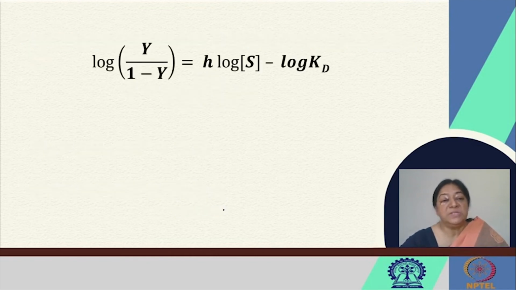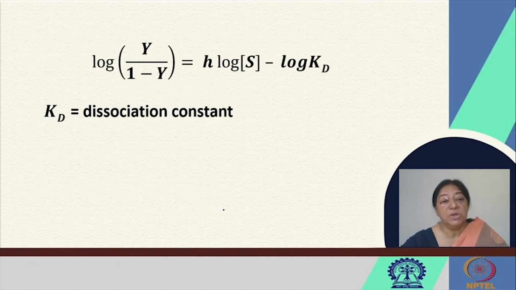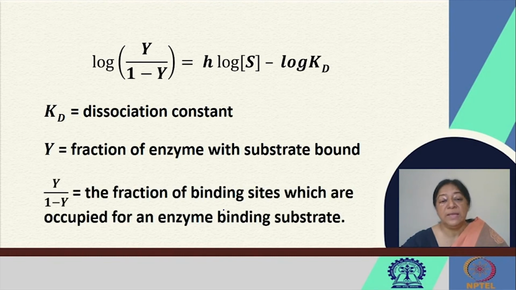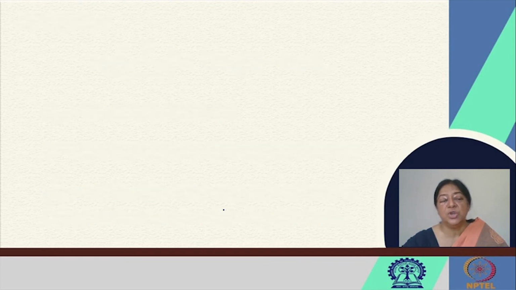When we look at a specific example now, the Hill plot as we had seen before, we can find out the fraction of the enzyme with the substrate bound that can be plotted with the substrate concentration, in this case oxygen, to give us our Hill plot that will give us an indication of whether there is cooperativity or not.